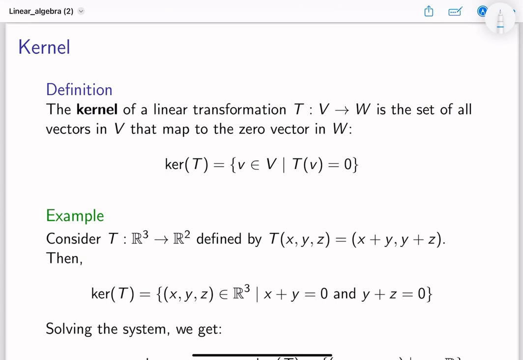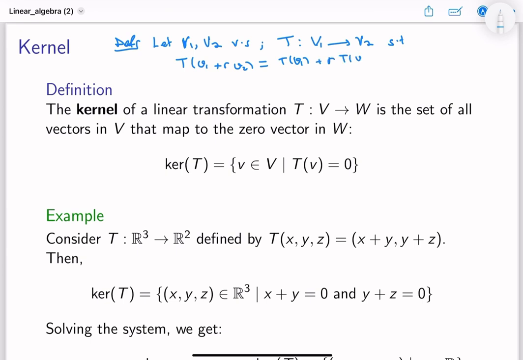But before that, let me just remind you real quick of the definition of a linear transformation. So the setup is that we have two vector spaces, V1 and V2. A linear transformation T from V1 to V2 is a map that satisfies the following: T of v1 plus r v2 is equal to T of v1 plus r times T of v2.